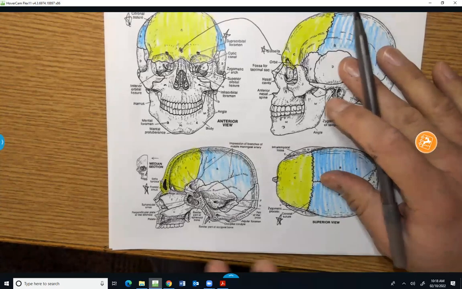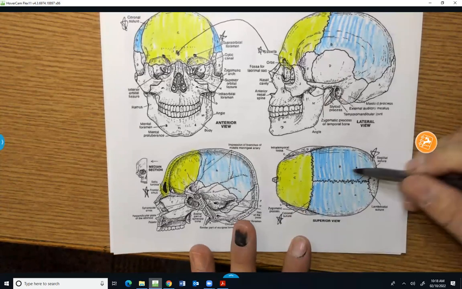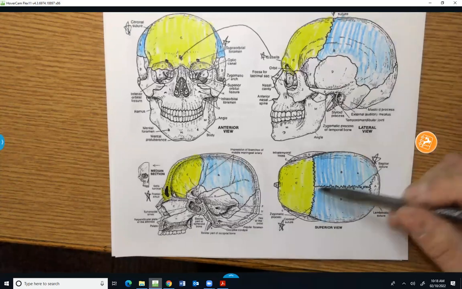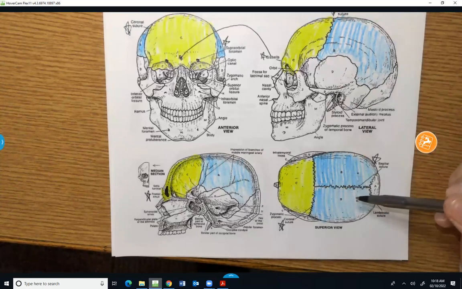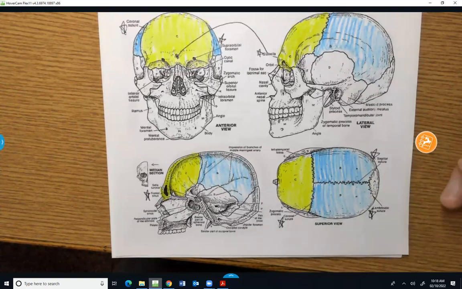Now while I'm down here, go ahead and star and highlight the next, what we call the sagittal suture. This one runs from front to back. It runs through that sagittal plane, where its name comes from, and that's what separates the two parietal bones from one another.